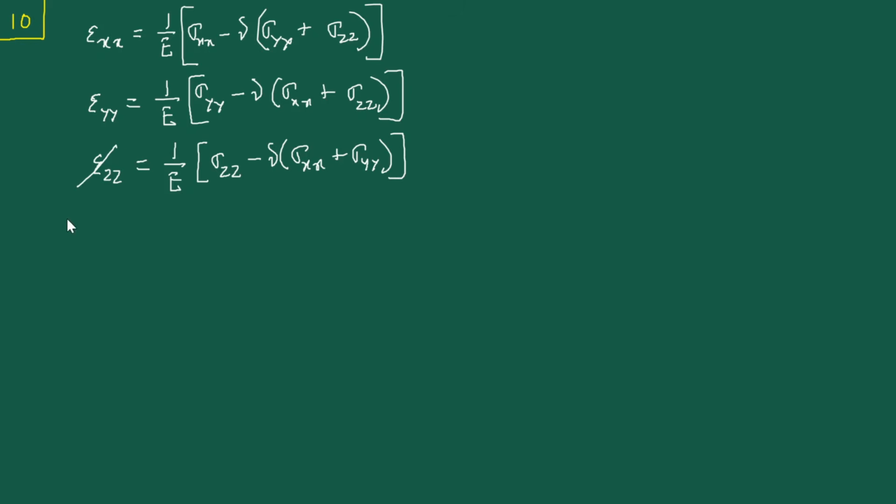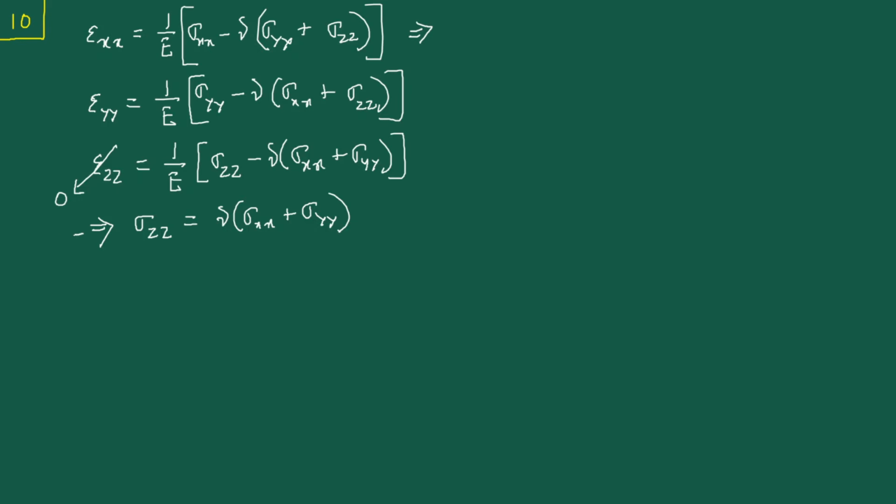If we set epsilon zz to be equal to 0, as seen on the previous page, then what we obtain from here is that sigma zz is equal to nu times sigma xx plus sigma yy. Now this is something new, something fresh, and we can actually utilize this relation back in these two equations. So let's do that.